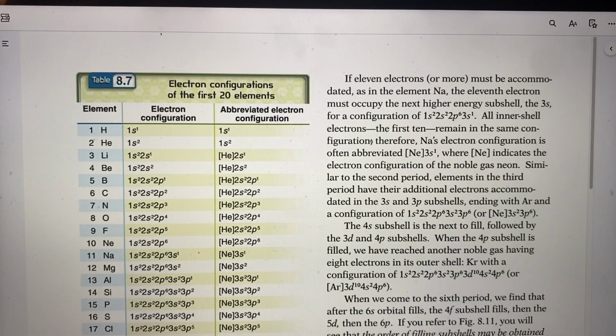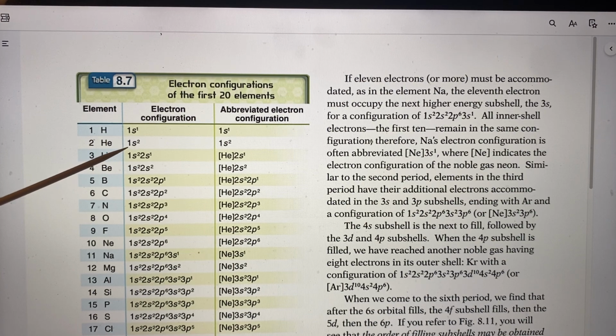It's really not as hard as it seems. When I first looked at this, oh my goodness. But then as you look at this table, it actually tells you, we have hydrogen. It tells you that hydrogen only has the first energy level, energy level 1, and it has a spherical subshell there, and it has 1 electron.